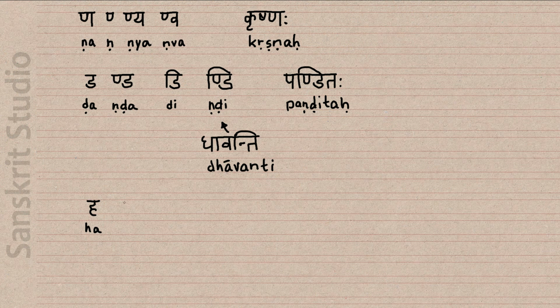What we want to do is represent just an H. We want to remove the A sound at the end, and we could do that by using a virāma, a termination mark like that, to get an H.